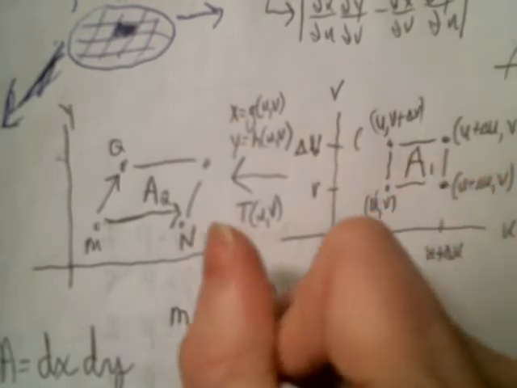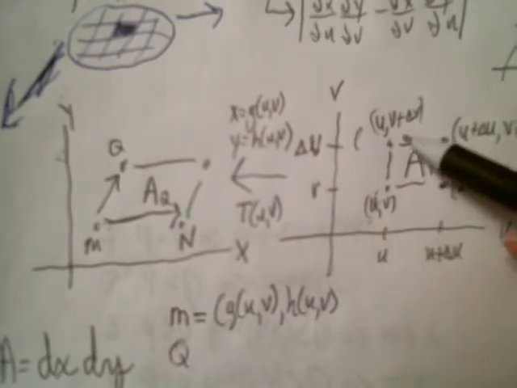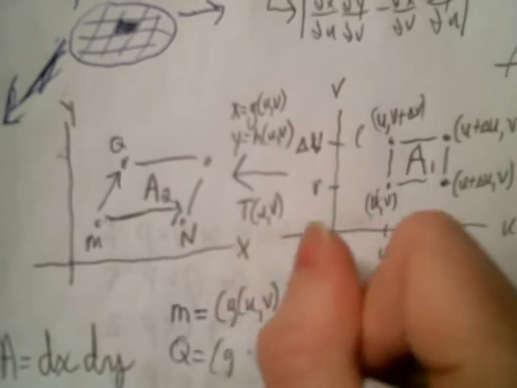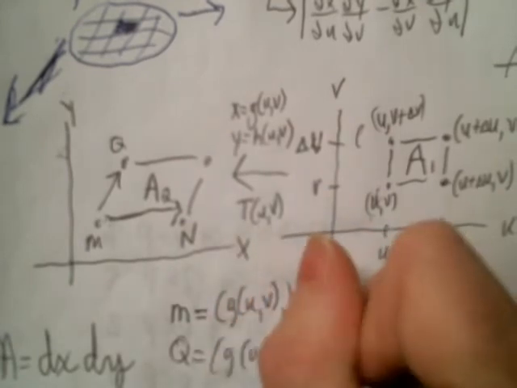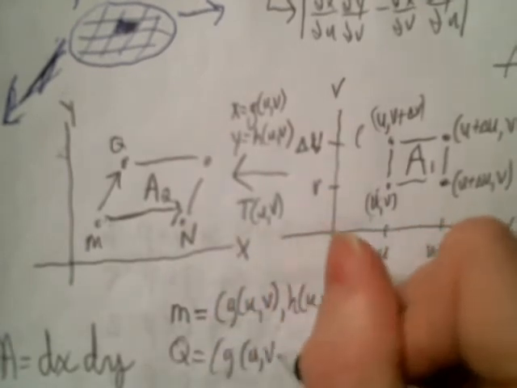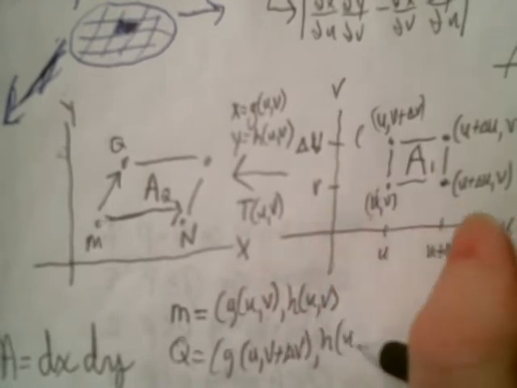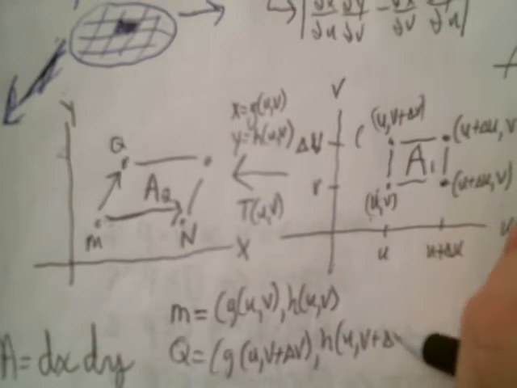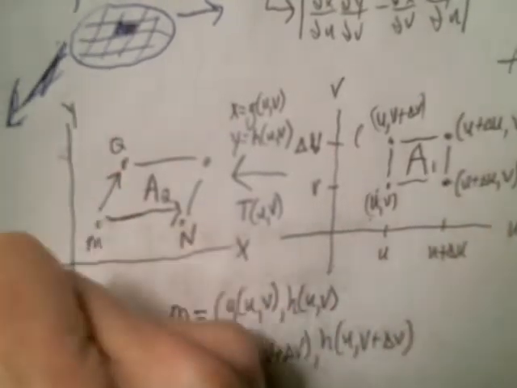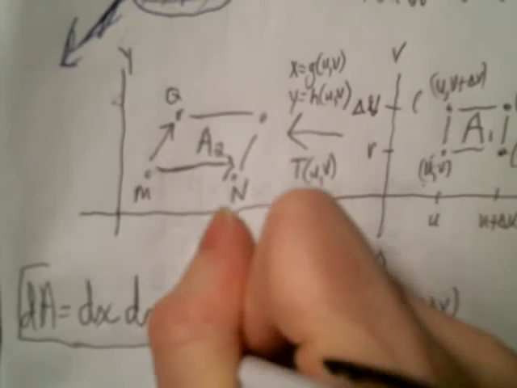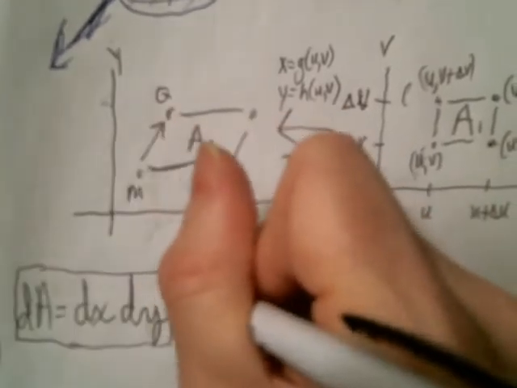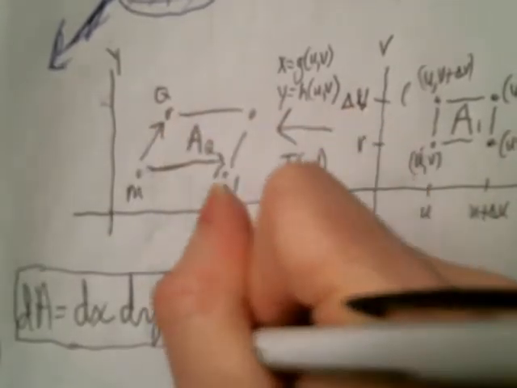And then Q is going to be the transformation of this thing. So it's going to end up being G of u comma v plus change in v, comma H of u comma v plus change in v. And over here, we're after this. We want to figure out what this is in terms of u's and v's.